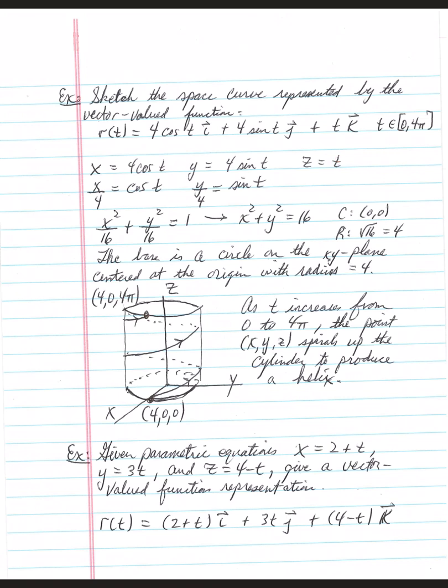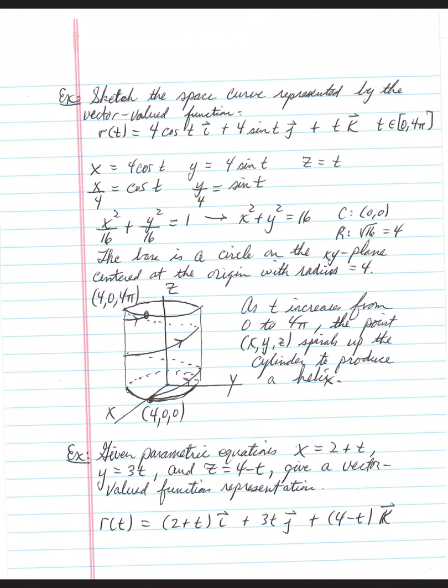Like on the last problem, we isolated our cosine and our sine functions, because if we isolate sine and cosine and square them, we're going to get 1. X squared over 4 squared, which is 16. I'm going to go ahead and call it 16 for this one. I left it 4 squared in that form on the last problem. Squaring the y term, sine squared, that's y squared over 16.